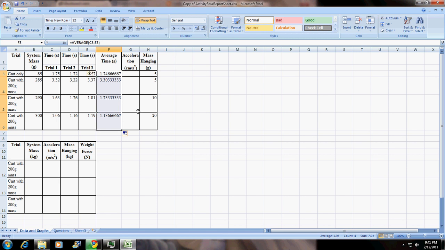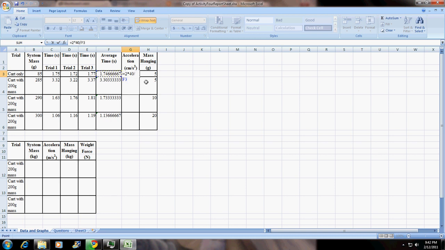Okay. Now I'm ready to calculate the acceleration. To calculate the acceleration, I have to use the equation that I have in the procedure. So I click equal because I'm doing a calculation, and it says 2 times the distance, which I believe was 40 centimeters, divided by the average time, and I'm going to square it.